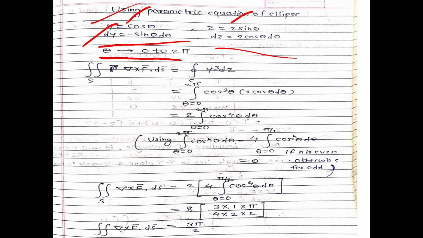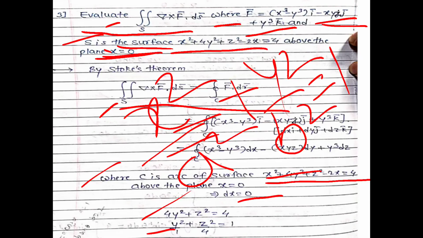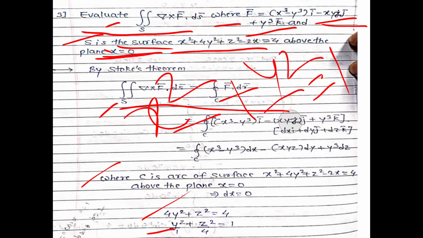After that, we will put all the conditions that we got from solving the equation of the surface into our given equation. Here the value of x is equal to 0 and the value of dx is also 0, so this total term will become 0.